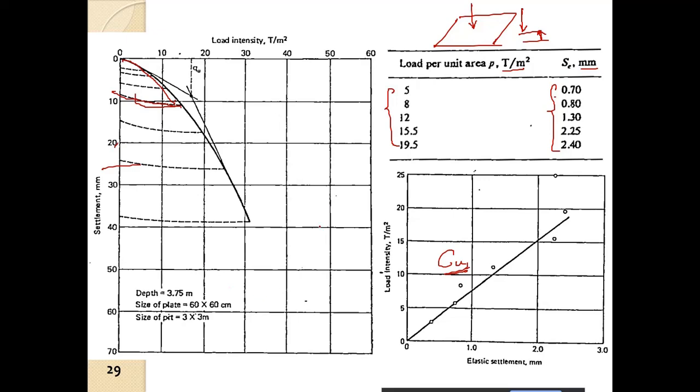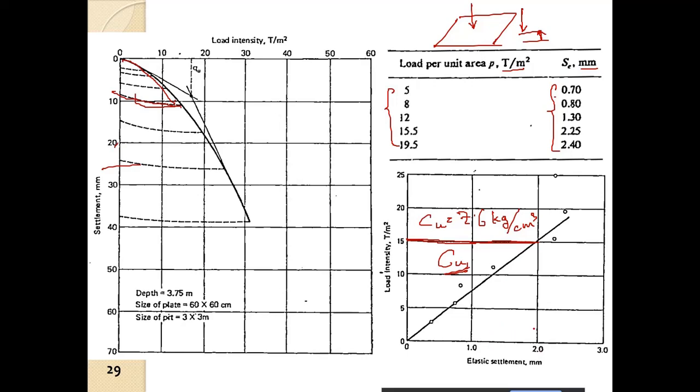In this particular test, it was given that for P equal to 15 ton per meter square, Cu is equal to 7.6 kg per centimeter cube.